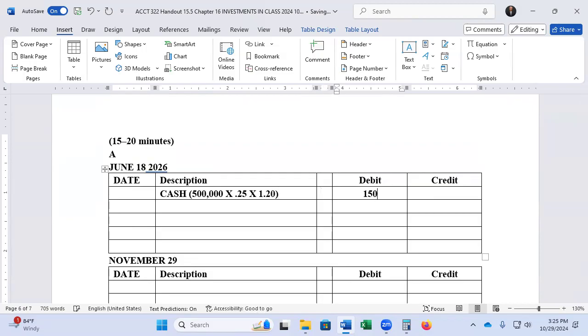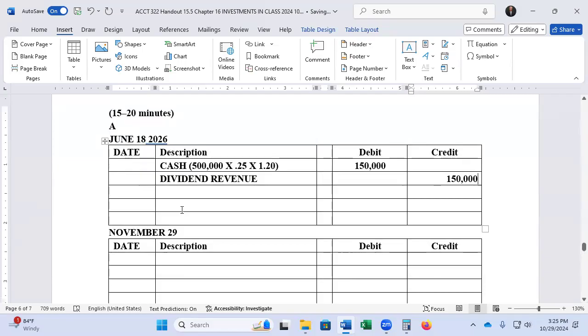And so that's going to give us 150,000. And we'll have dividend revenue of 150,000. Same dividends again on November 29th. And so there is no change there.